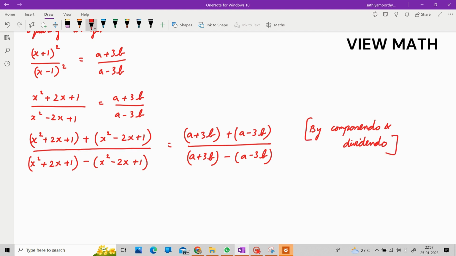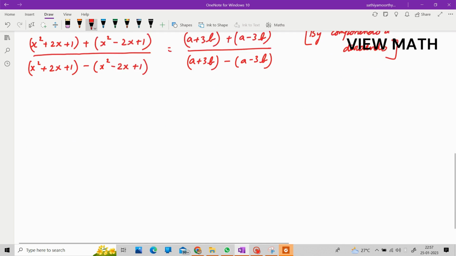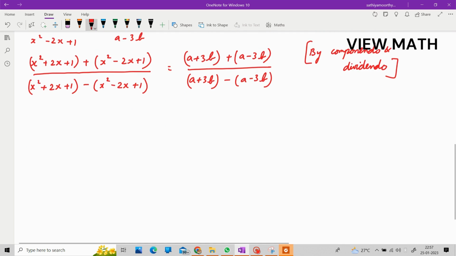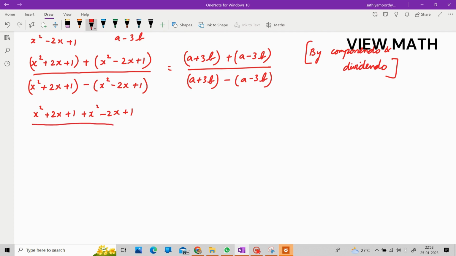By simplifying, we will be getting x square plus 2x plus 1 plus x square minus 2x plus 1 divided by x square plus 2x plus 1 minus x square, minus into minus plus 2x minus 1.